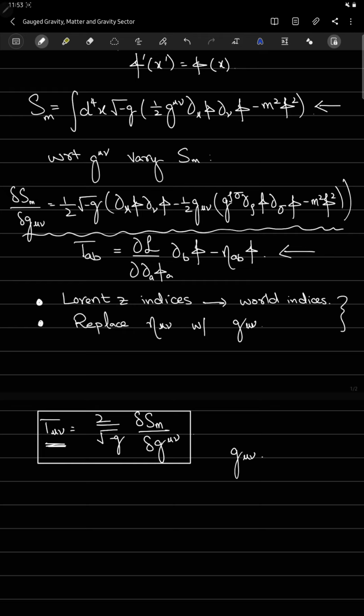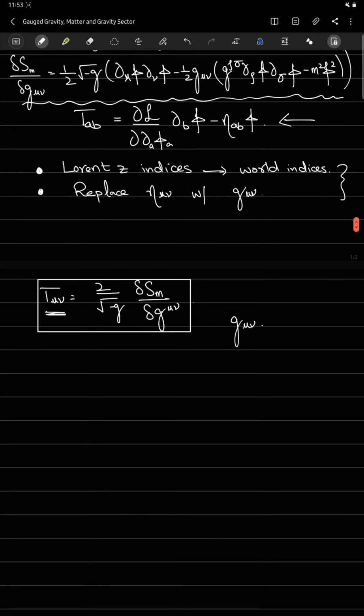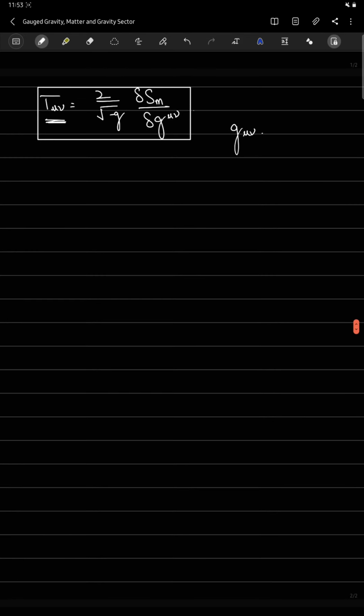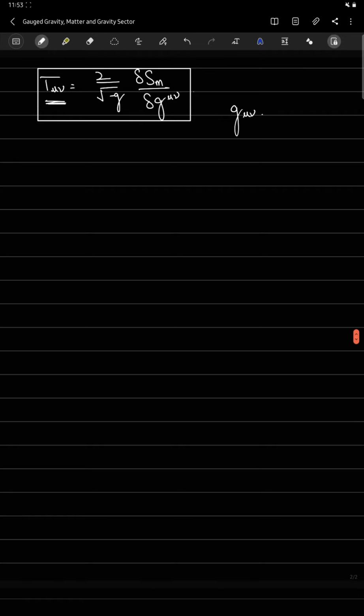If you try to do it yourself, you can look up these relations to aid you in deriving the expression.